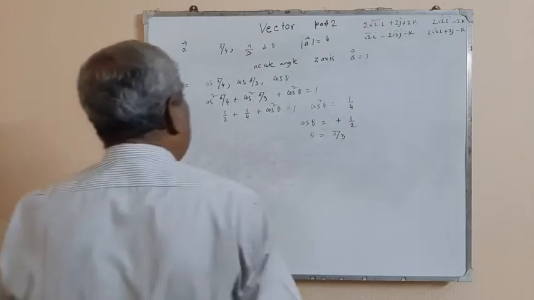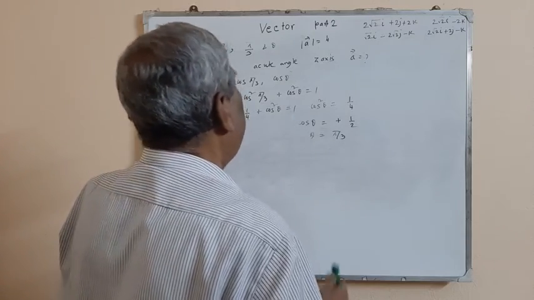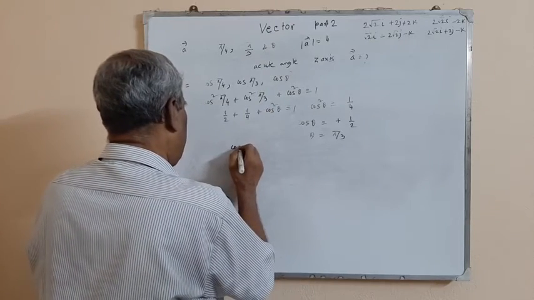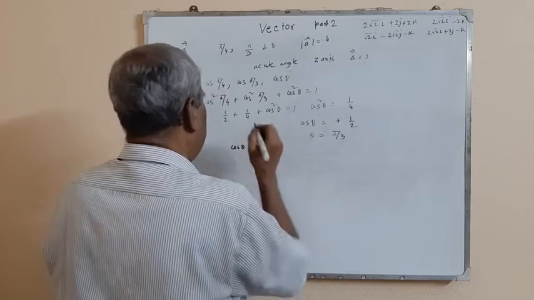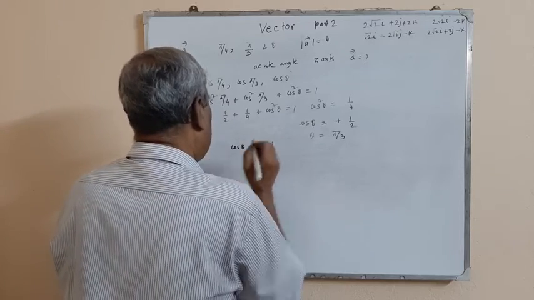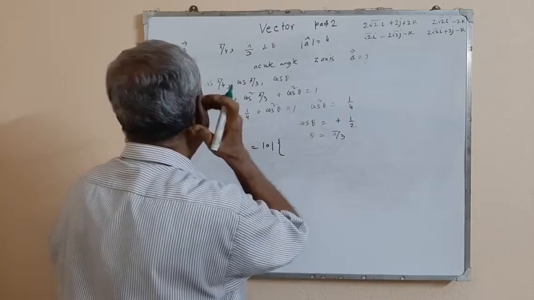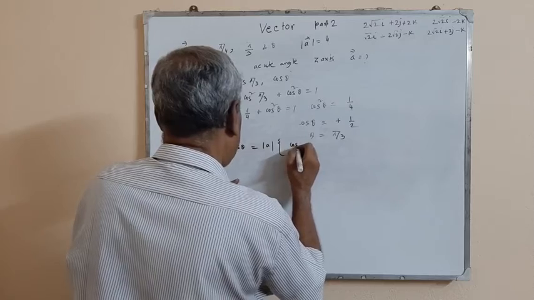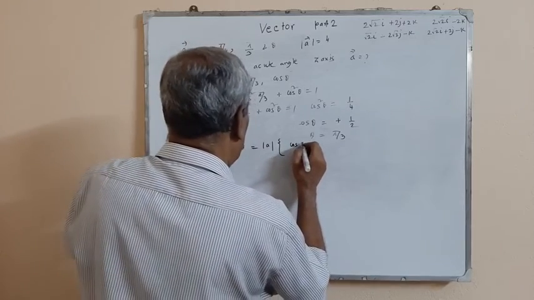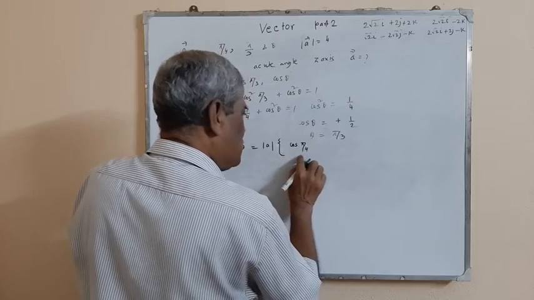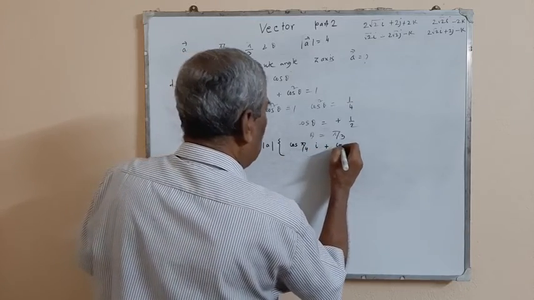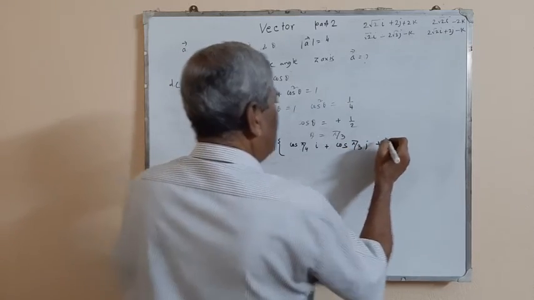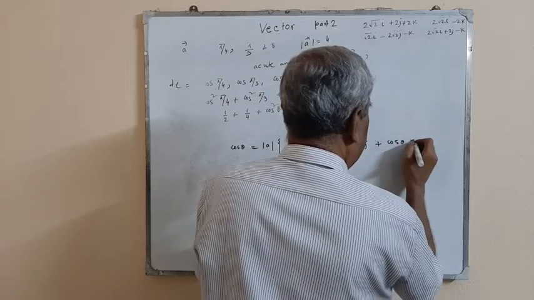Now at this level, we have found the three angles which A makes with the axes. Therefore, vector A will be equal to magnitude A into cos pi by 4 i, the x component, plus cos pi by 3 j plus cos theta k.